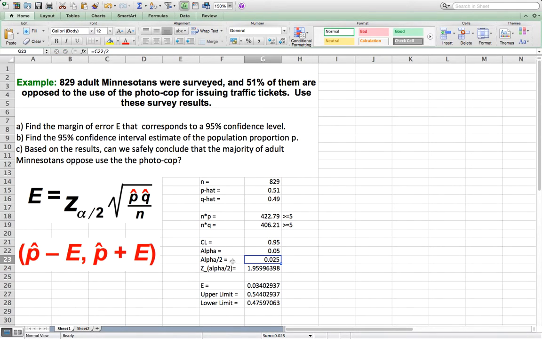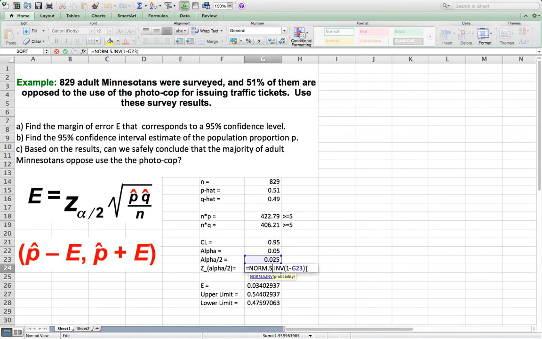Then alpha over 2 is G22 divided by 2. Then for z alpha over 2, I can use Excel to do the job. How? Normal standard distribution inverse, right? If you give it a probability, pay attention, this probability is 1 minus 0.025, which is 1 minus alpha over 2.